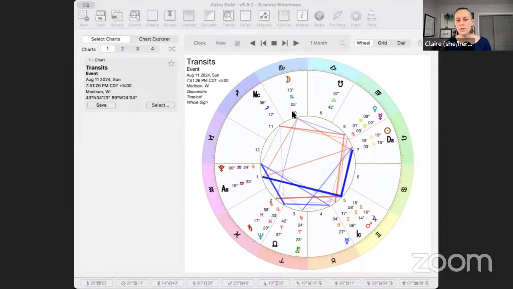So I think those are nice ways to keep it neutral in our mind, instead of having it be like, Mars retrograde, something bad about conflict is going to happen, or something bad about separation. We can make it more neutral. So I wanted to bring that up because we do have a Mars retrograde this year.